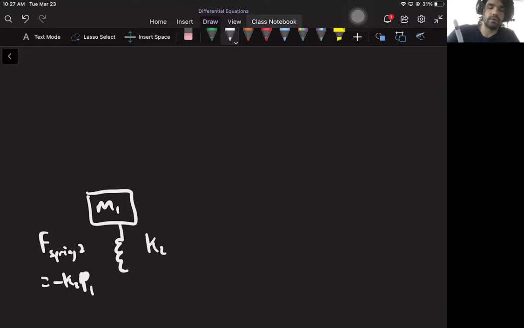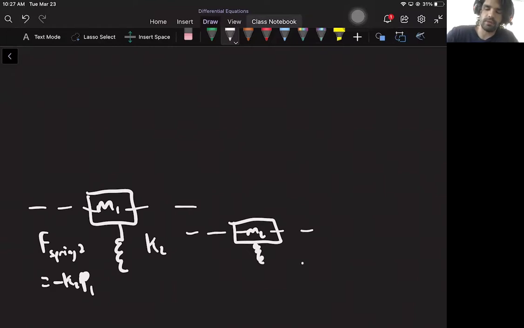So if this is like equilibrium, but then it's been squished down a little bit like this, then the spring wants to push back up in the opposite direction of the position. The position went down. So the restoring force still does want to go in the opposite direction.